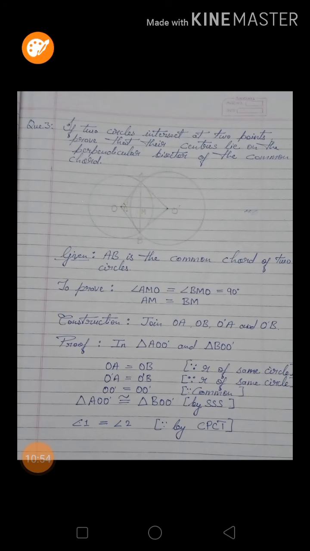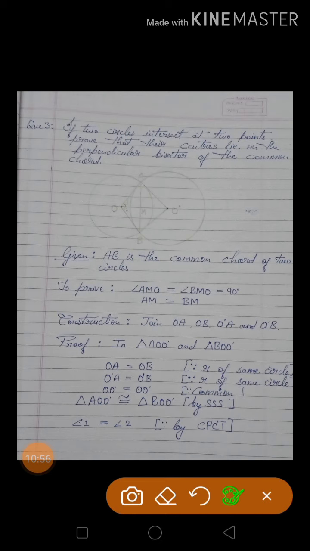And we can also see that side OO dash is the common side of both the circles. So we can say that triangles AOO dash and BOO dash are congruent by the SSS criterion of congruency.